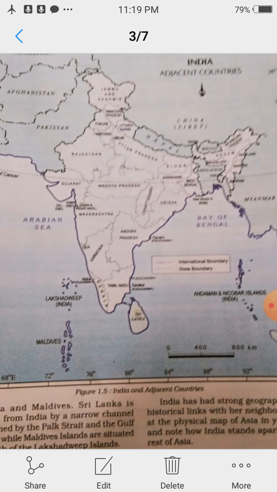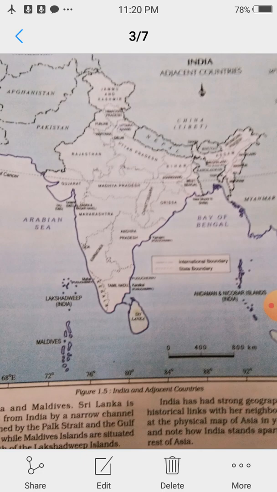Then the Deccan Peninsula protrudes into the Indian Ocean, thus helping India to establish close contact with West Asia, Africa and Europe from the western coast, and with southern and East Asia from the eastern coast.